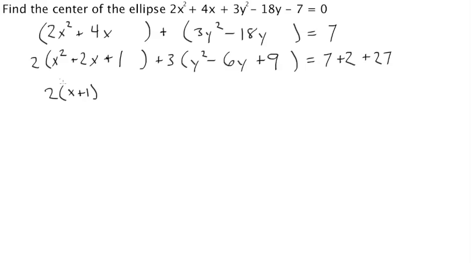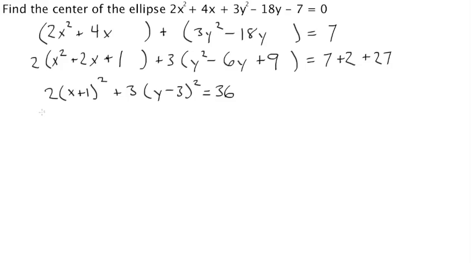My first term is x, my second term is going to be half of this number. So x squared plus 2x plus 1 is the same as x plus 1 quantity squared. And then for my y terms, first term will be y, second term will be half of this number, so minus 3 squared. And over on the right-hand side, 7 plus 2 is 9, plus 27 is 36.